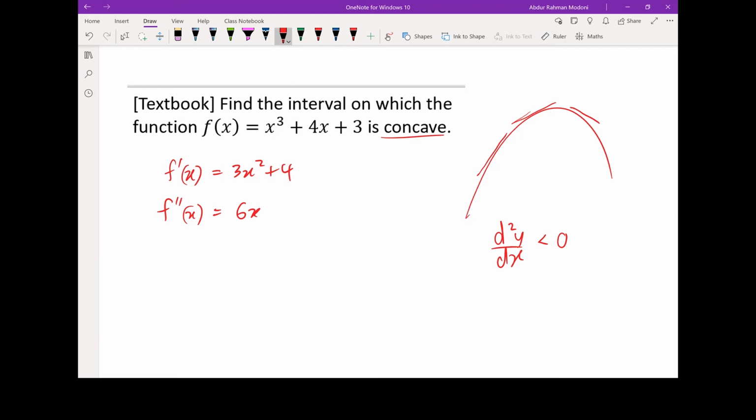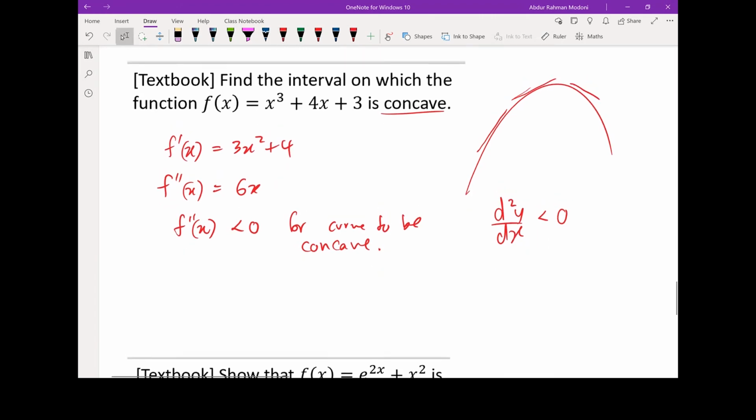But we want to find out when it is concave. So for it to be concave, we want this second derivative to be less than 0. So we would say f double dashed of x must be less than 0 for the curve to be concave.